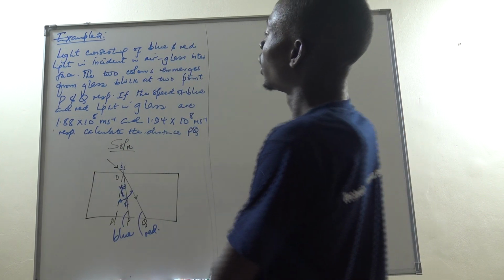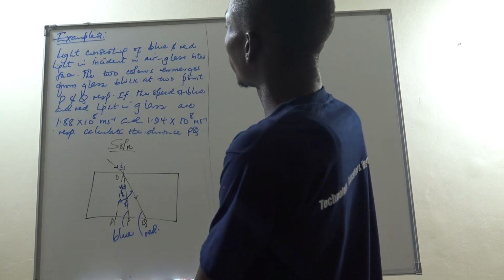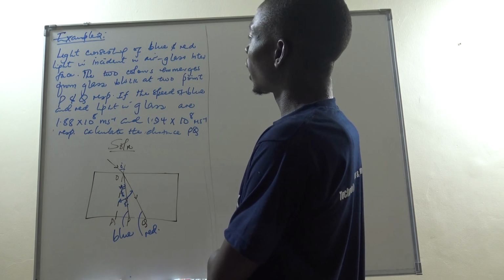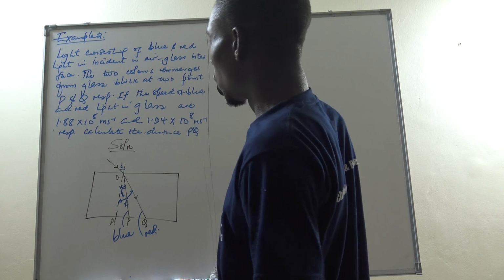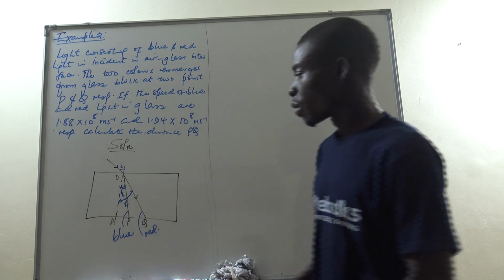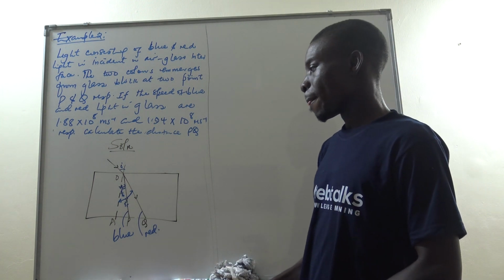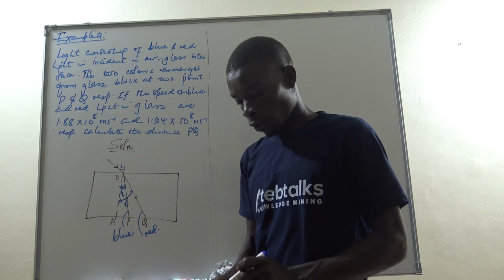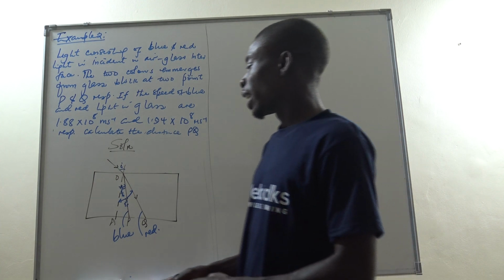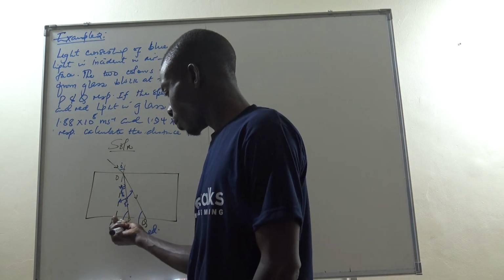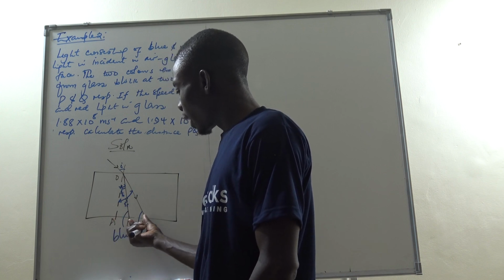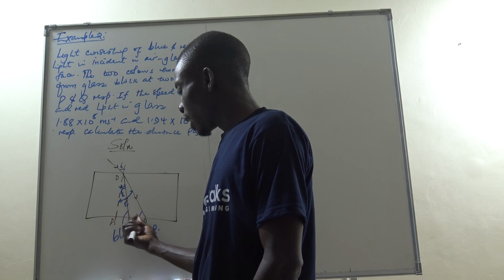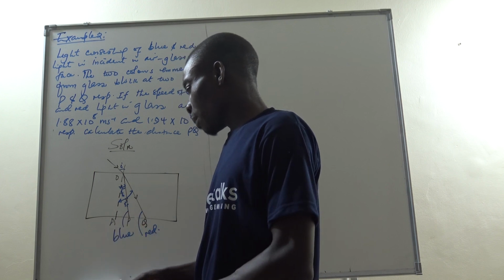light consisting of blue and red light is incident on an air-glass interface. The two come out from these two points. What is very important here is to first of all get this distance, and then get this distance, and at the end subtract the two.